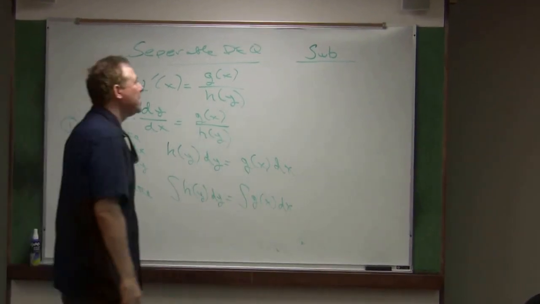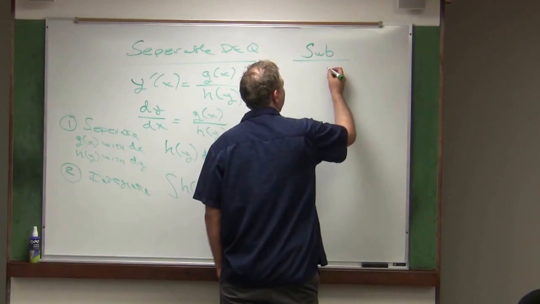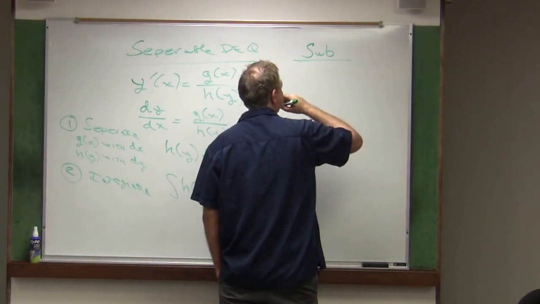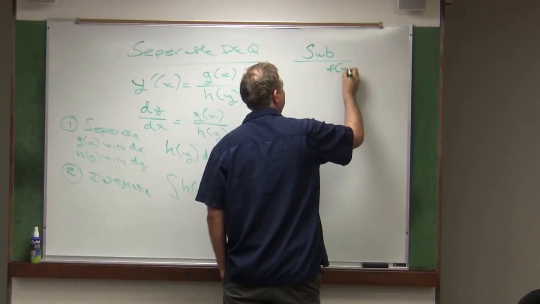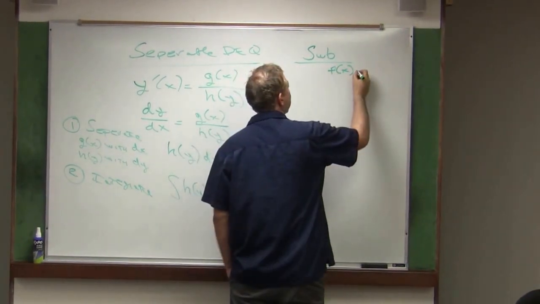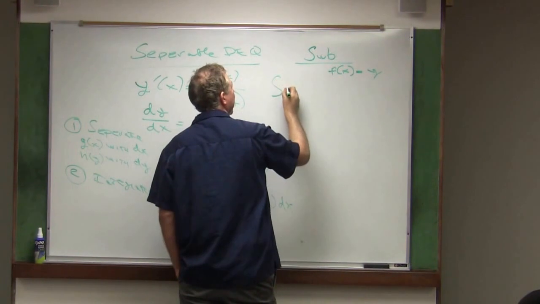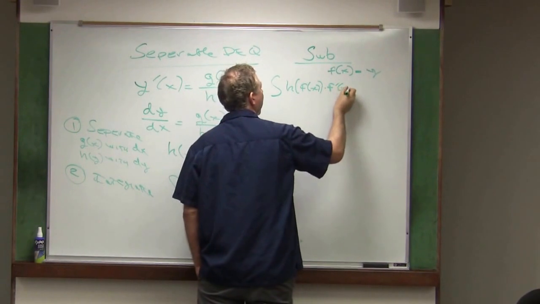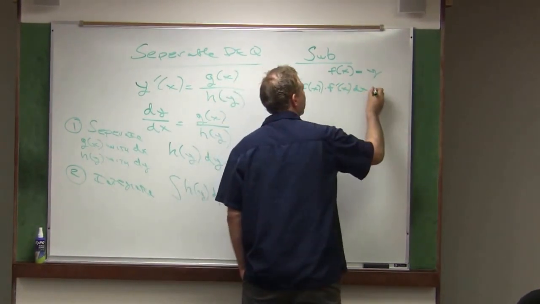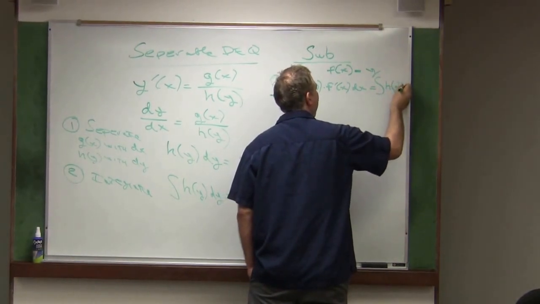It says, for instance, if you have some function, say f of x, and you give it a name like y, and then you have h of f of x times f prime of x dx is equal to the antiderivative of h of y dy.